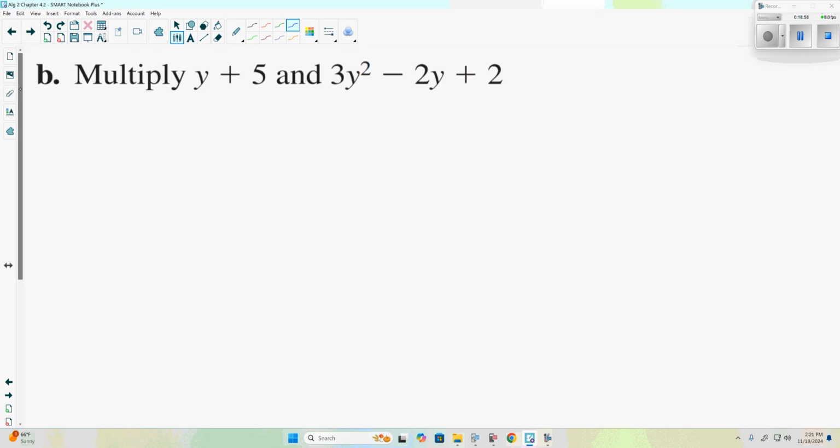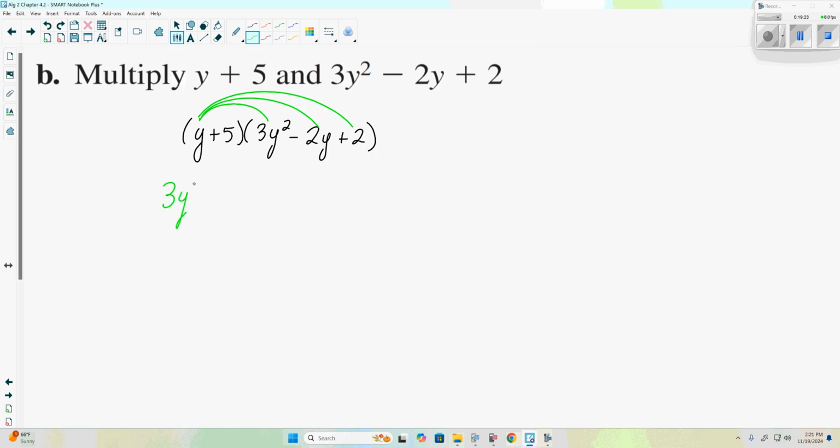This time we're going to multiply y plus 5 by 3y squared minus 2y plus 2. Well, we can start with y. We're going to distribute the y to all three terms. Y times 3y squared is going to be 3y cubed. Y times negative 2y is going to be negative 2y squared.